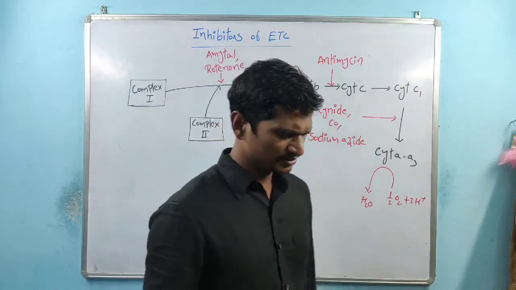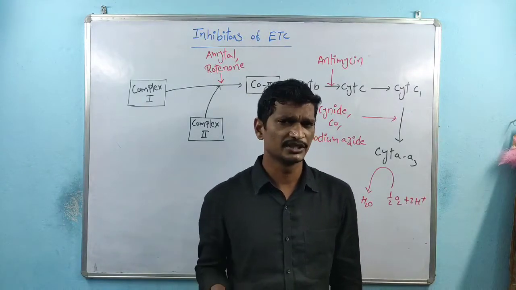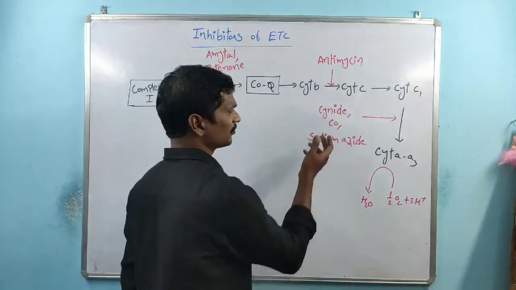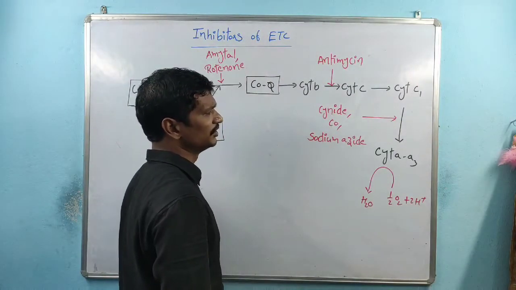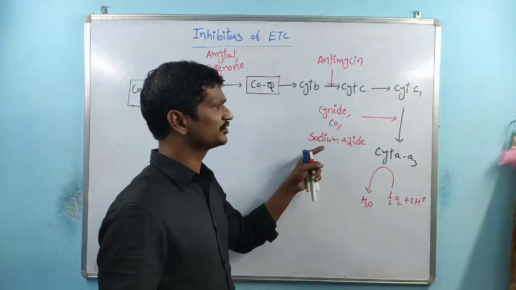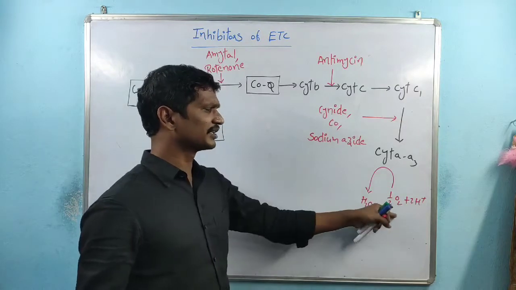So cyanide especially acts on the fourth complex, no doubt about it. Along with cyanide, some other inhibitors also act there. Carbon monoxide is one of the best examples, and sodium azide is one more example. These are the inhibitors which block complex 4. Finally there is no conversion.